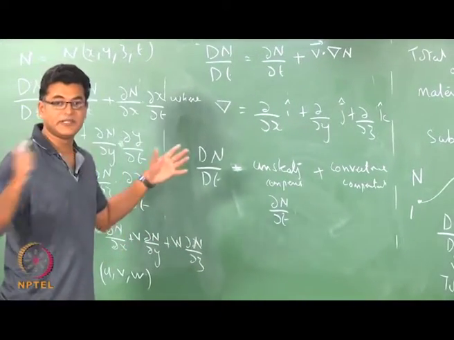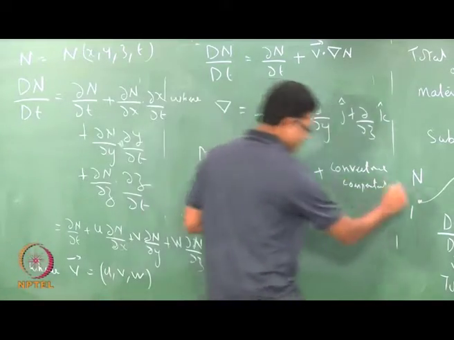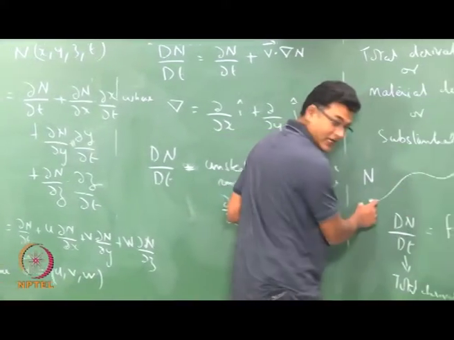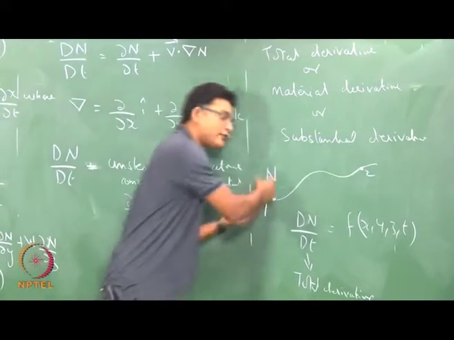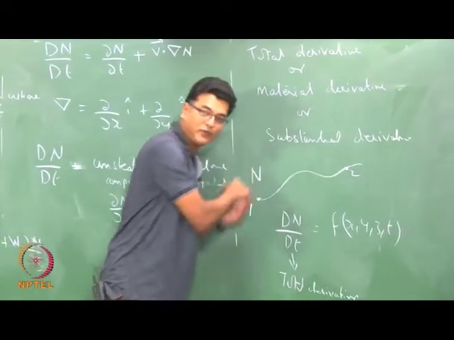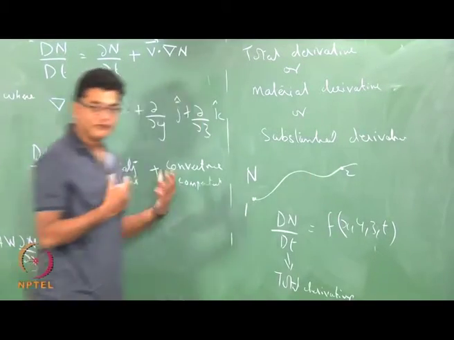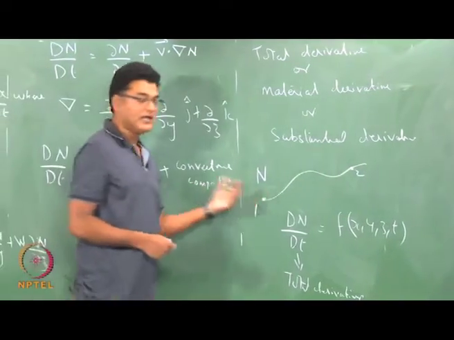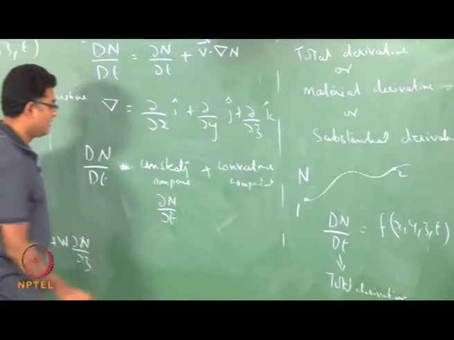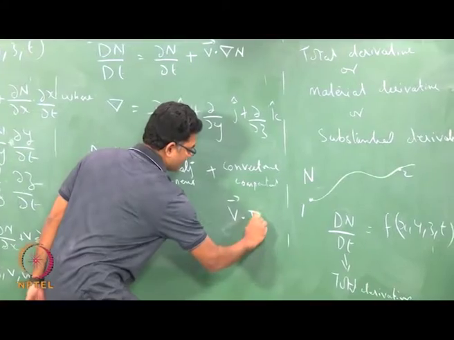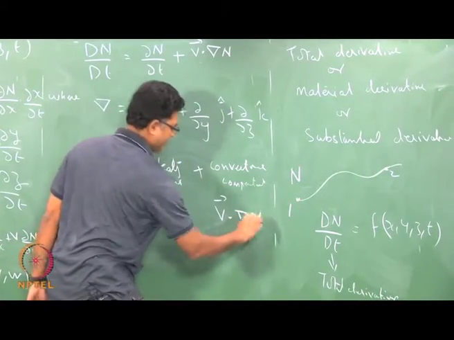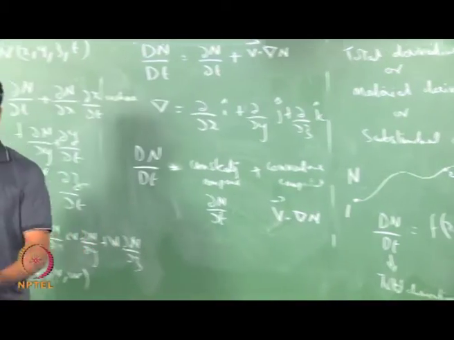It is going to be different in space. So, at the same instant of time you are measuring n, and because the particle is going to move from point 1 to 2 and you are moving along with the particle, you feel a difference in property n, and that is due to this particular term, which is V dot grad of n. So, n can be any property.